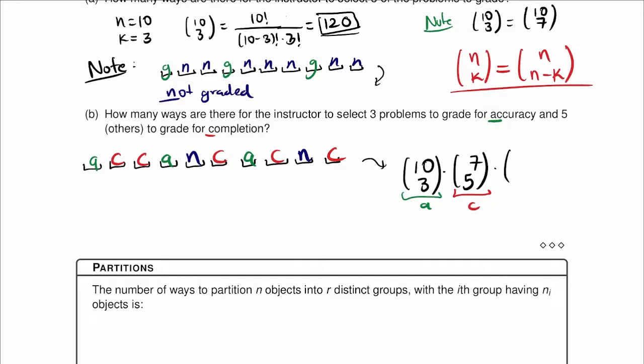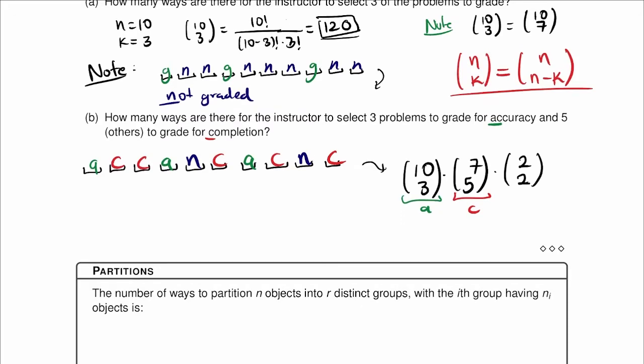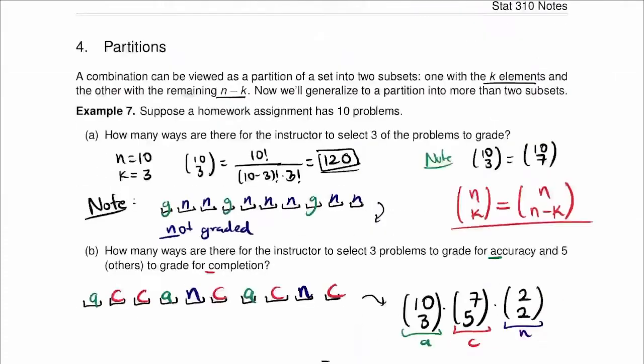And from the 2 remaining, we are selecting the last 2, that are not graded, right? So in how many ways can we do that? We solve this combination.